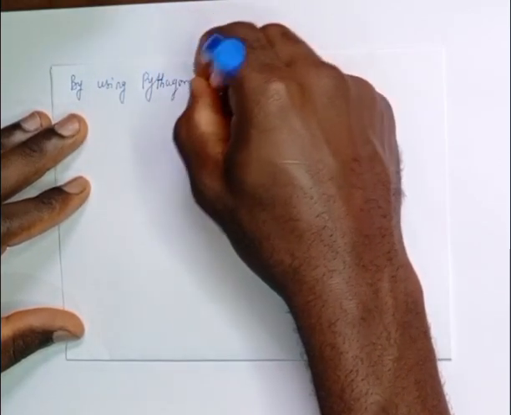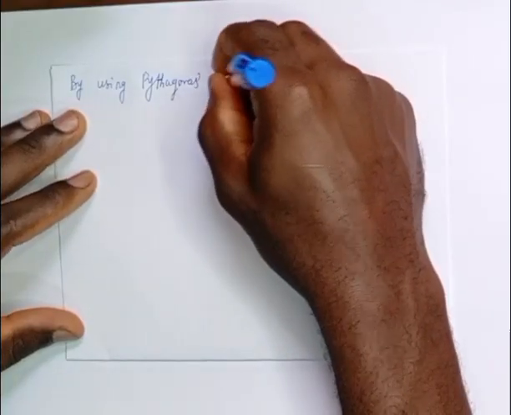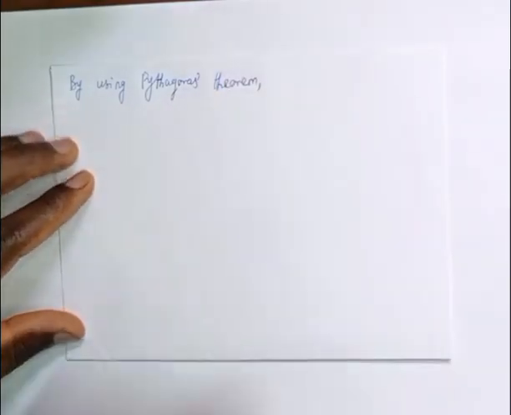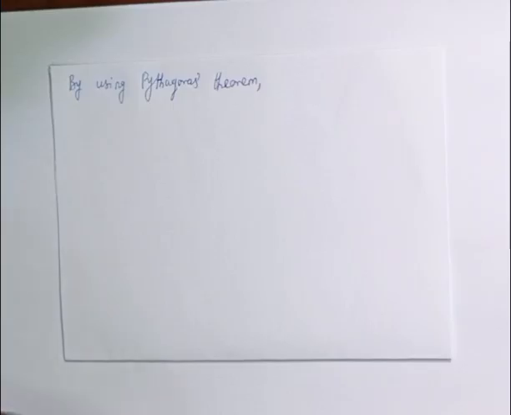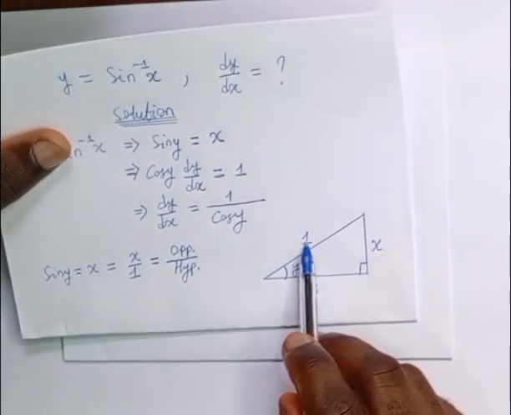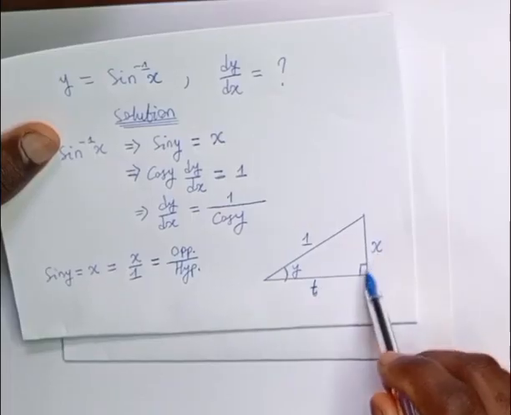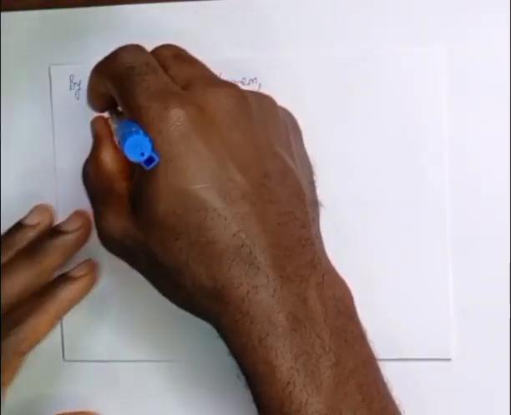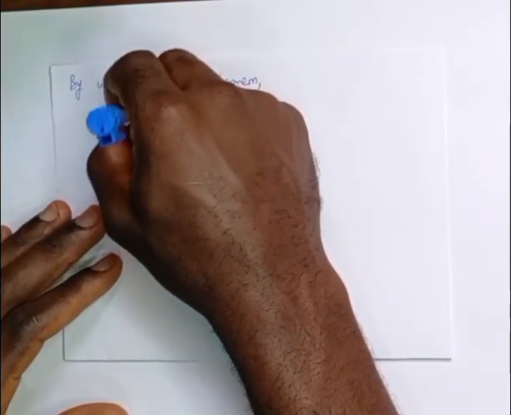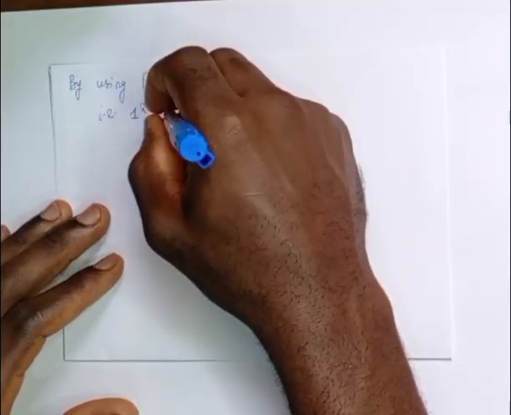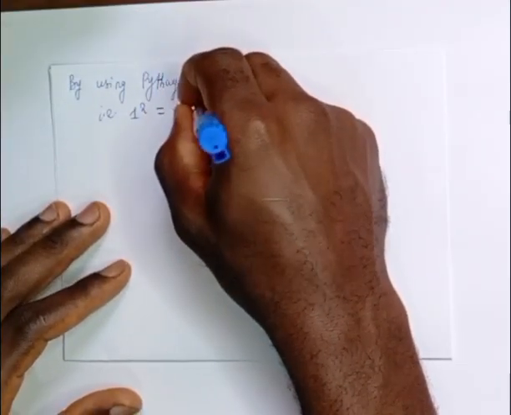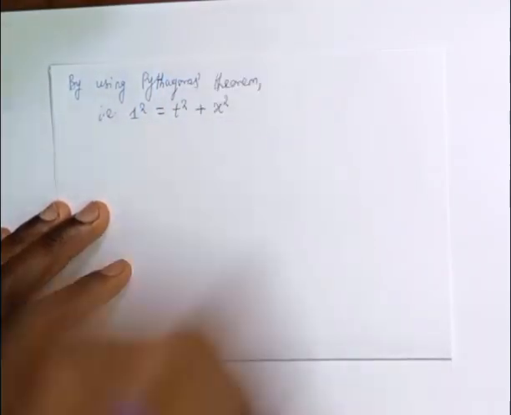The square of the hypotenuse is equal to the square of the base plus the square of the height. This will give us 1 squared to be equal to t squared plus x squared.